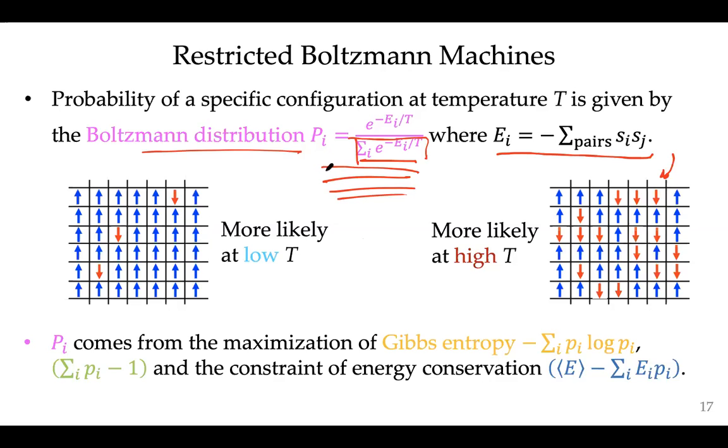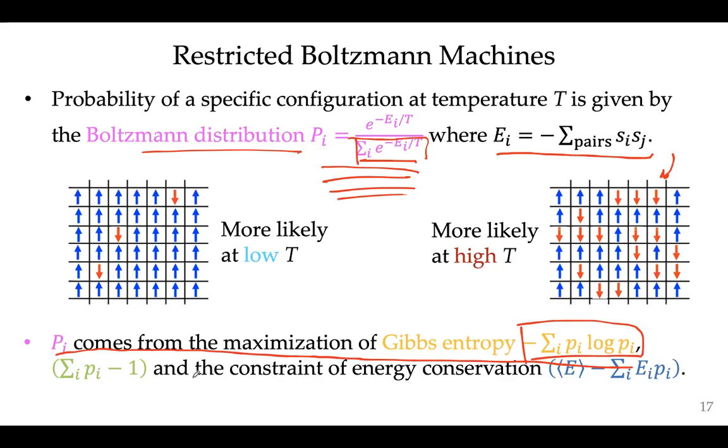But the question is, why do we have such an exponential function? Well, the Boltzmann distribution comes from maximization of the Gibbs entropy. This is the statistical mechanics part.